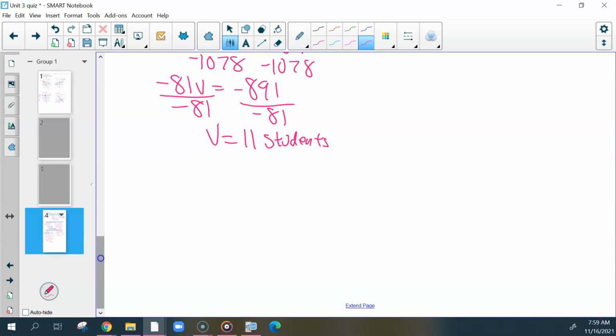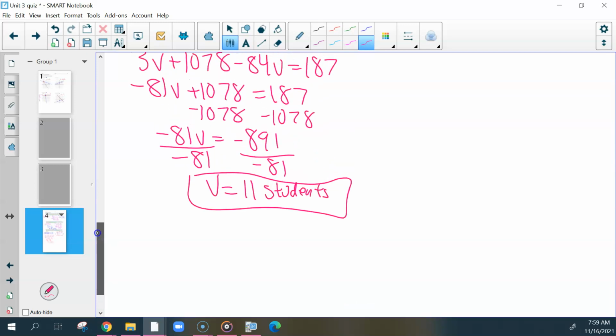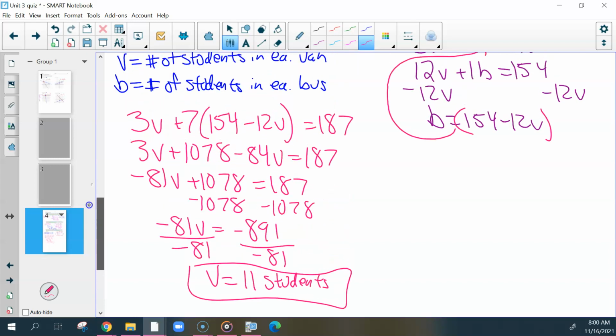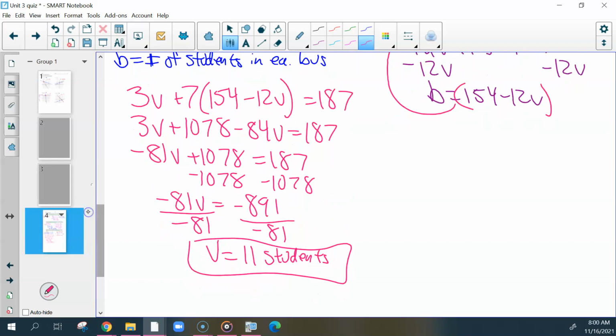So your units was number of students, so you could say 11 students. You could be more specific and say 11 students in the van. After we find V, we can go back, put that into our equation for B and solve. I'm going to cover this up for just a minute.